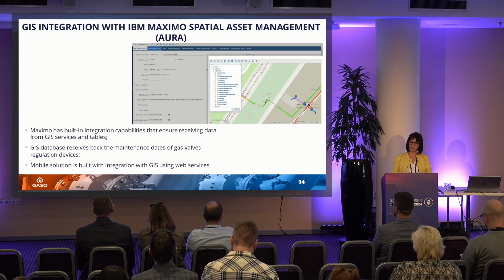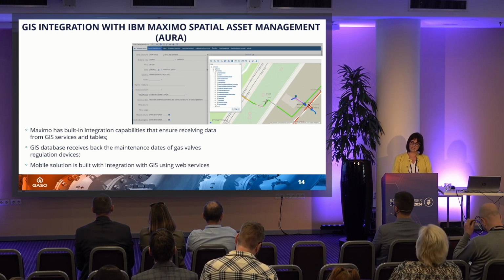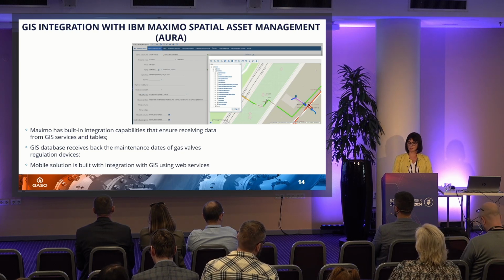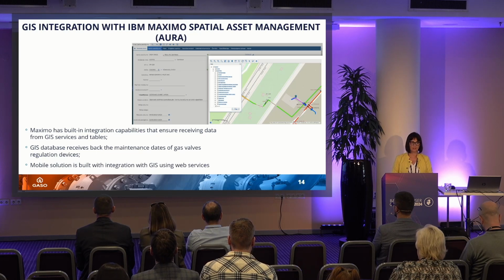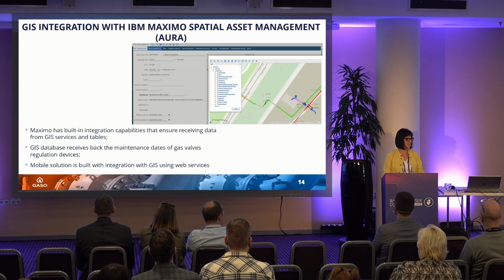And the GIS database receives back the maintenance dates of gas valves and regulation devices. So that's about it. And as I already said, the next step is the utility network.